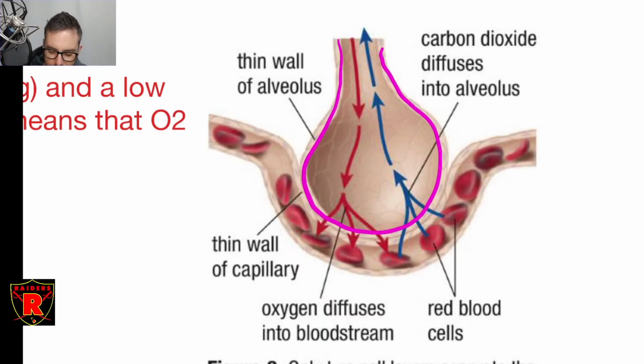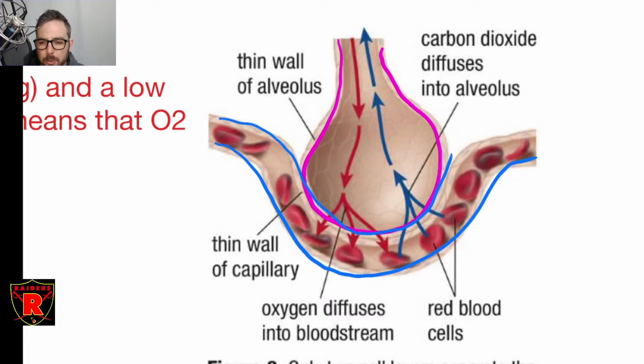So you can think of this as just being what the inside of the lungs looks like. It's thousands, hundreds of thousands of little sacs. And those sacs all have blood vessels that run along the outside of the alveoli.